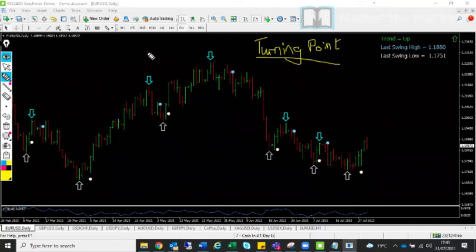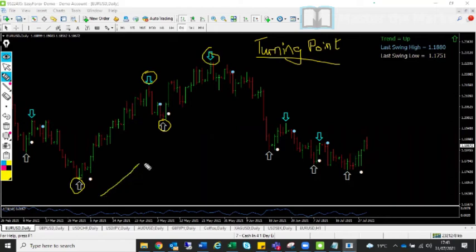Just a brief overview. As the market moves in waves, it will naturally form lows and highs, which define the trend that the market is moving in.